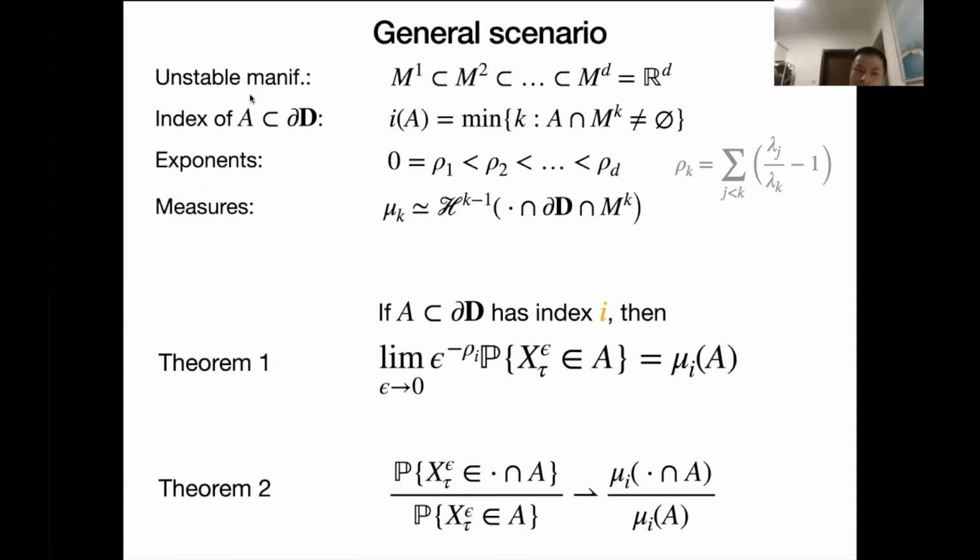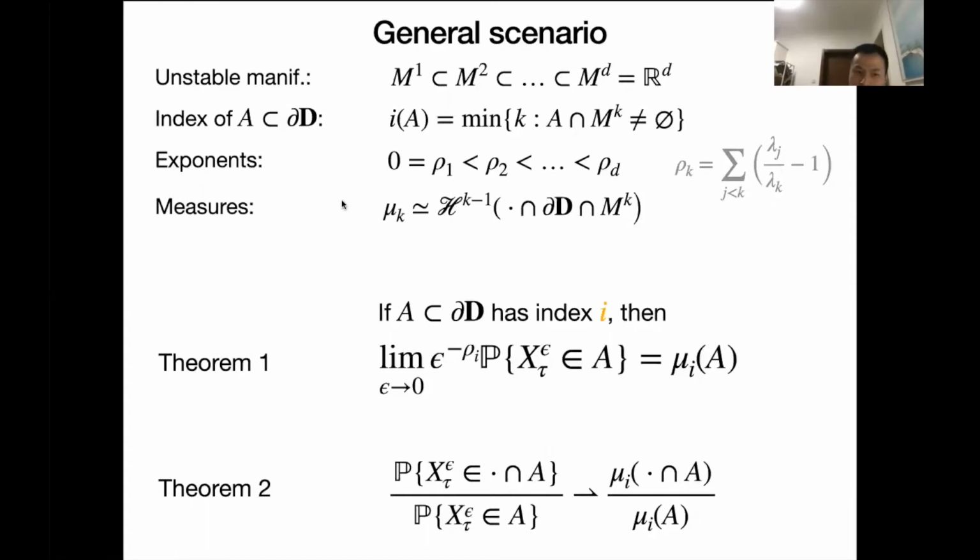Then for a set A on the boundary of the domain, we can define an index, which is the smallest integer k such that A intersects M_k is not empty. The index of the set characterizes the decay rate of exiting from A. For each index, we associate some decay exponents, which are given by rho 1 up to rho d, by a formula in terms of those eigenvalues lambda.